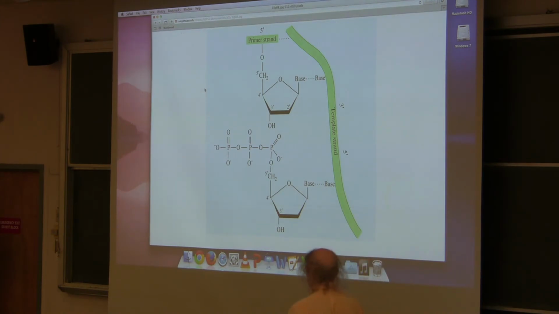Okay? You might think that's a pretty involved process, and it is a pretty involved process. That enzyme has to do a lot of different things there very quickly. Right?